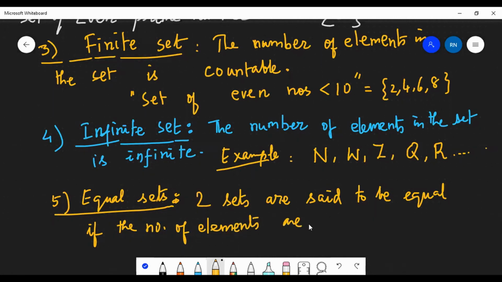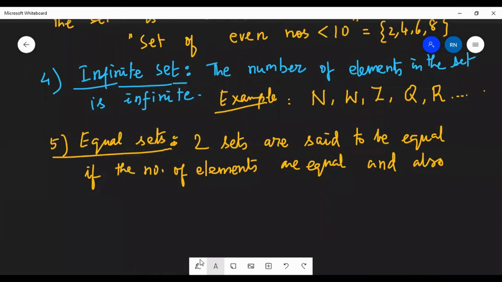Number of elements are equal by default. Also, every element must be equal.